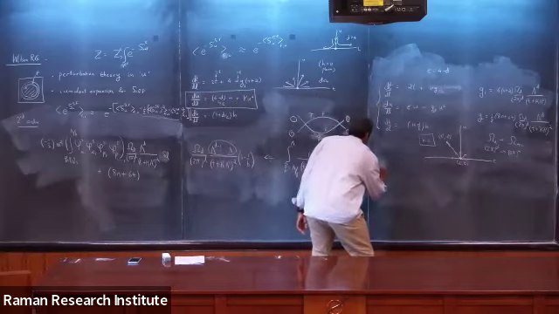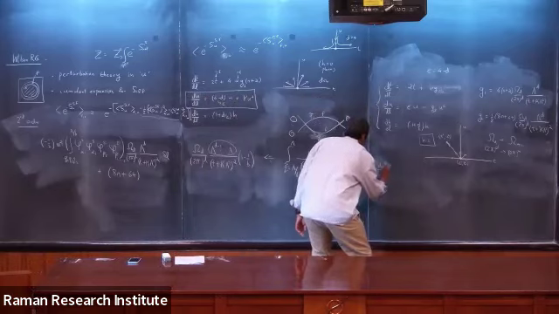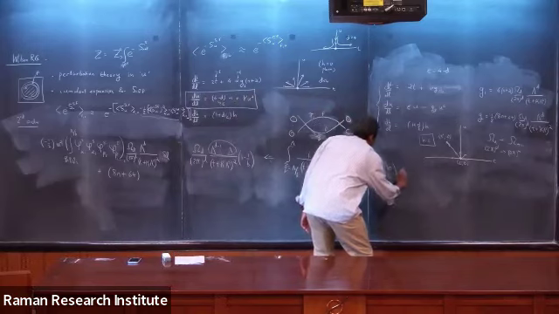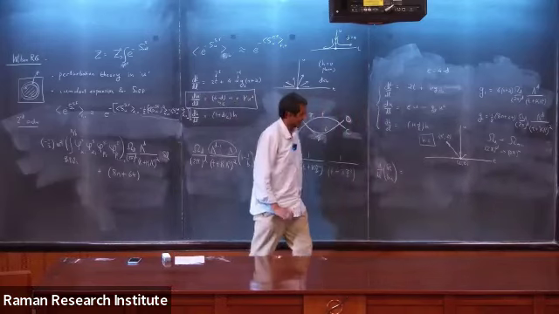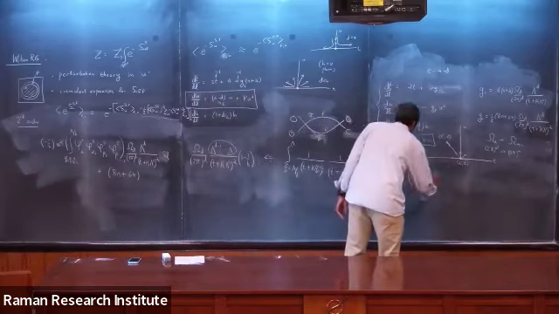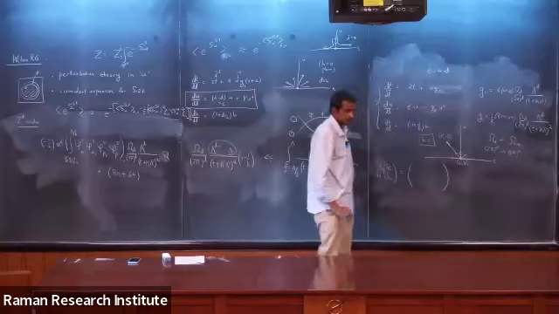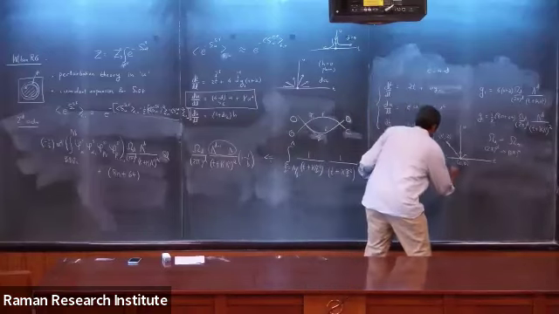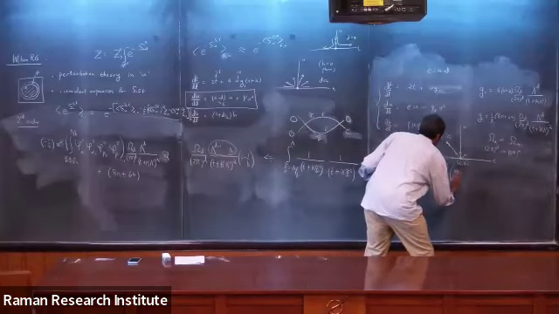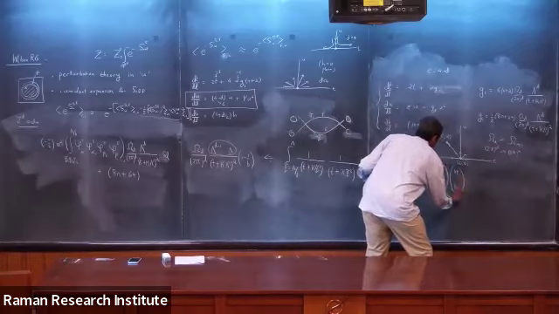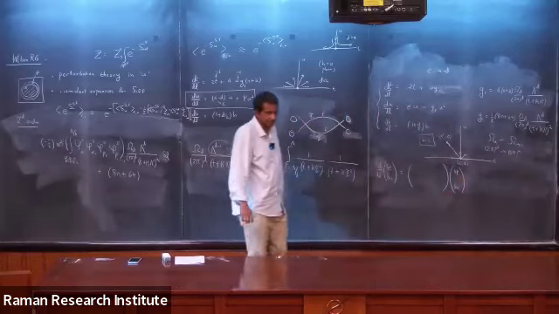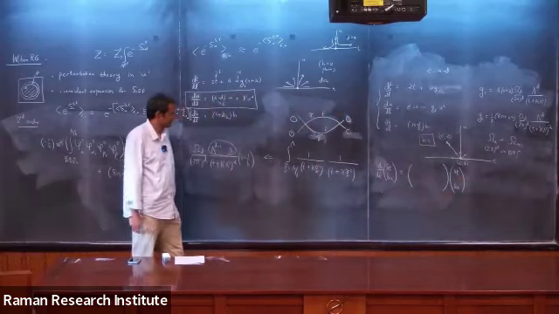So you would have to write down d by dl of delta T and delta U. And this will be some 2 by 2 matrix, and I'll write out the entries.